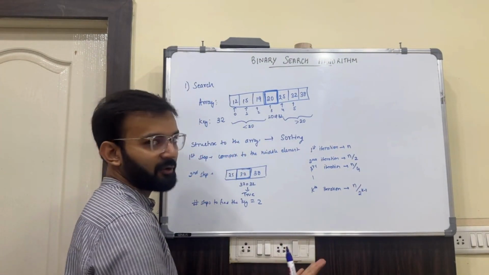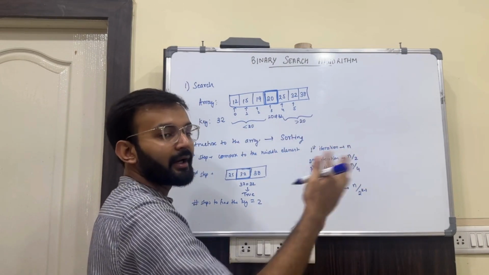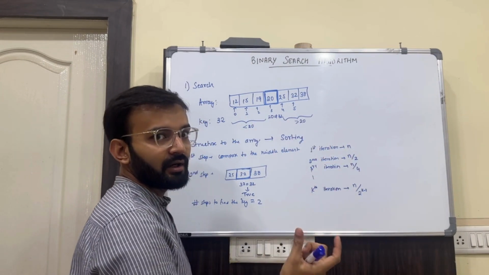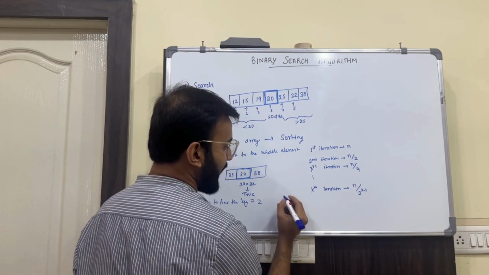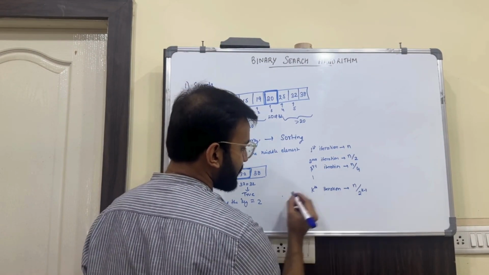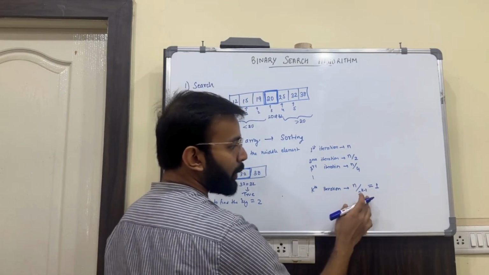Now let's look at the time complexity. In the worst case scenario, I'll keep on dividing the array until the array is not further dividable. So in the worst case, I will reach a point where this is equal to 1. Now we have to solve for k.